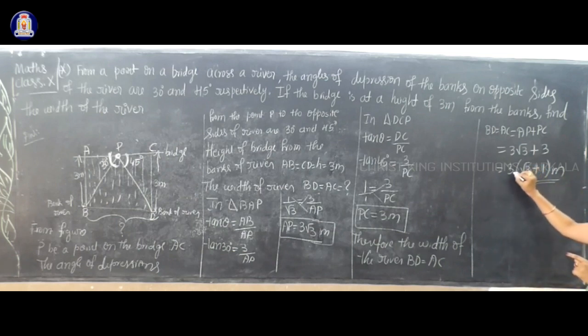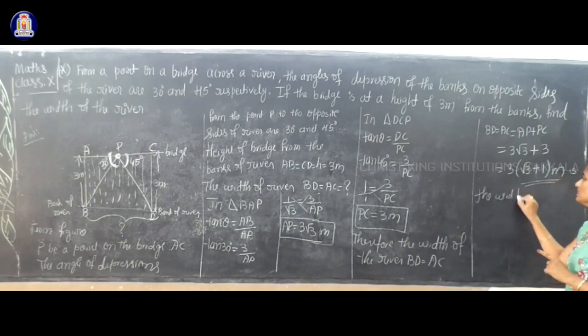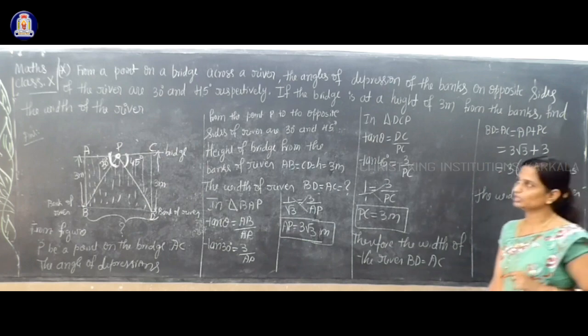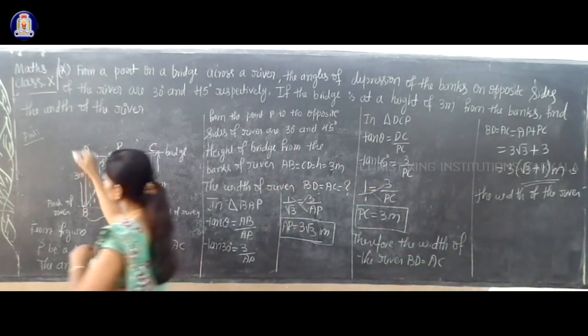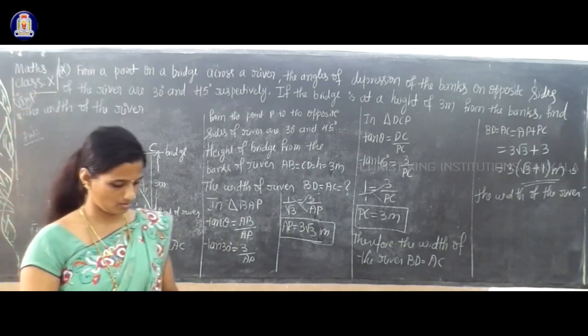The width of the river is 3 root 3 plus 1. This is a very important question for 4 marks.